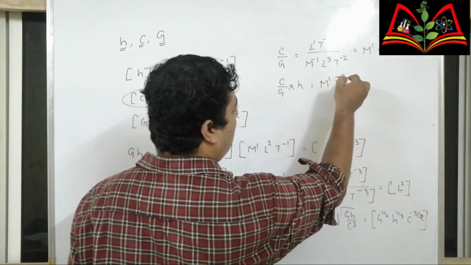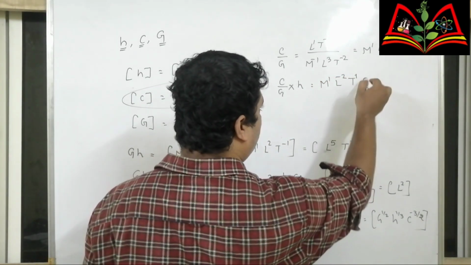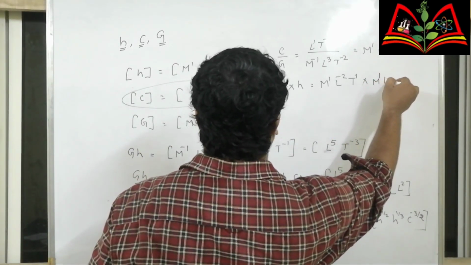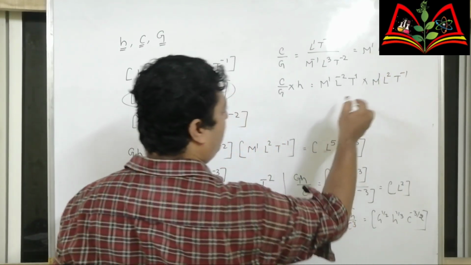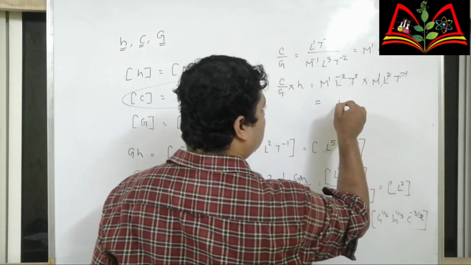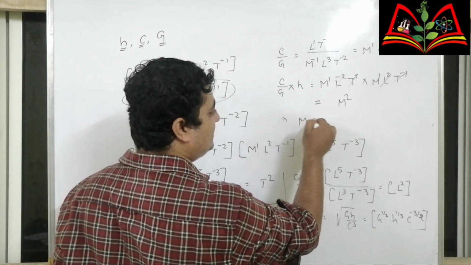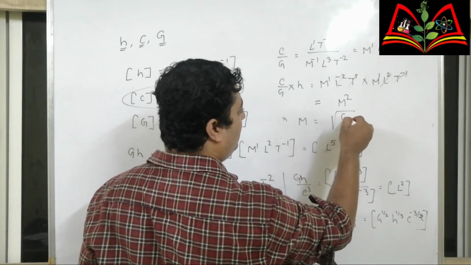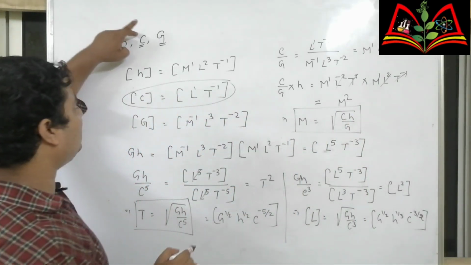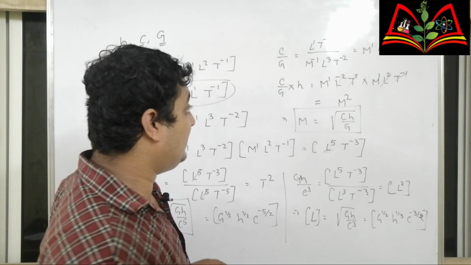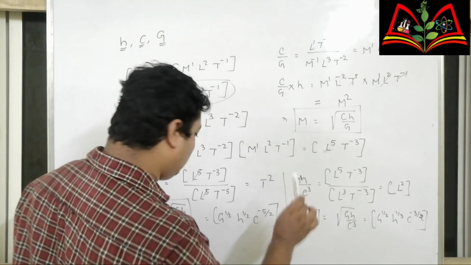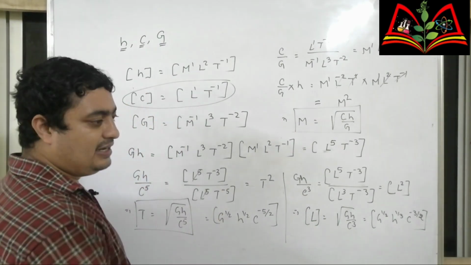M to the power 1 L to the power minus 2 T to the power 1 into H, M to the power 1 L to the power 2 T to the power minus 1. These two will cancel out, it becomes M square. So what is the dimension of M? Root over of CH by G. So if we take H, C and G as fundamental quantities, then we can find the dimensions of mass, length and time.